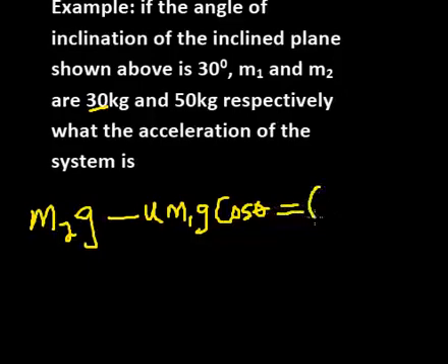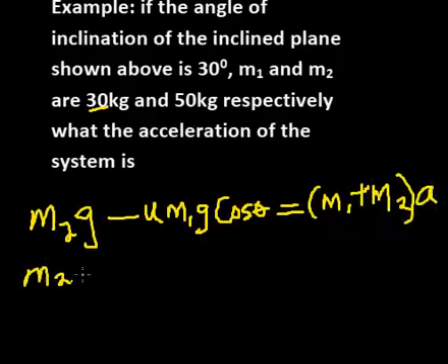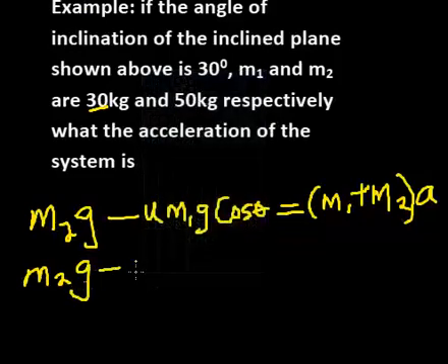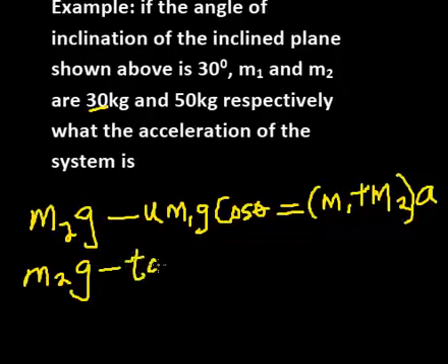It is equal to the mass of the system, M1 plus M2, multiplied by A, since the system will accelerate. So let's do this. This is going to be M2G, for an inclined plane. Then for an inclined plane, the coefficient of static friction is simply tan theta.